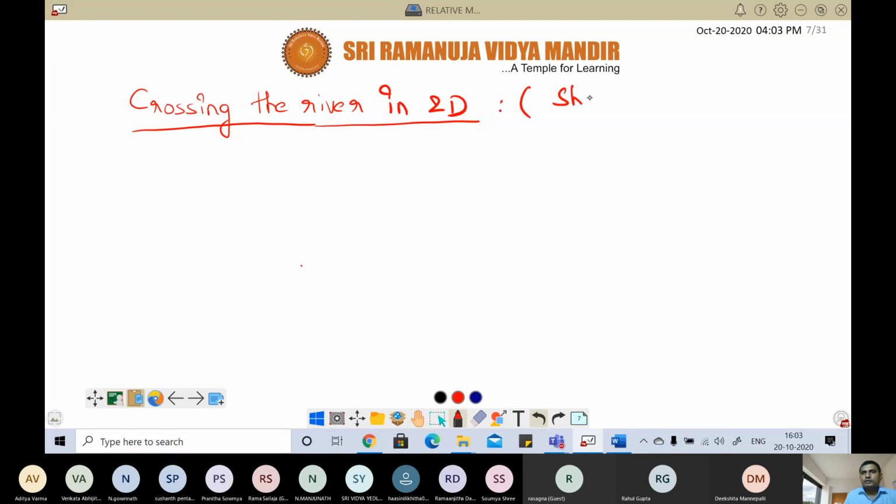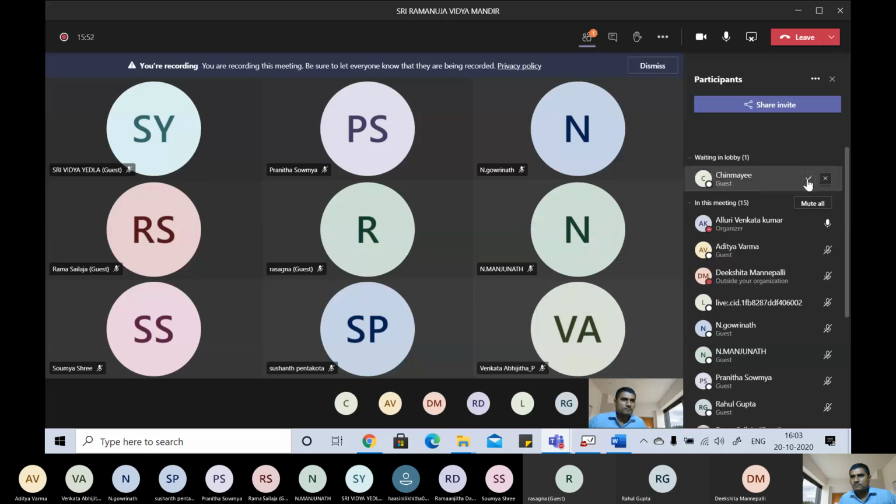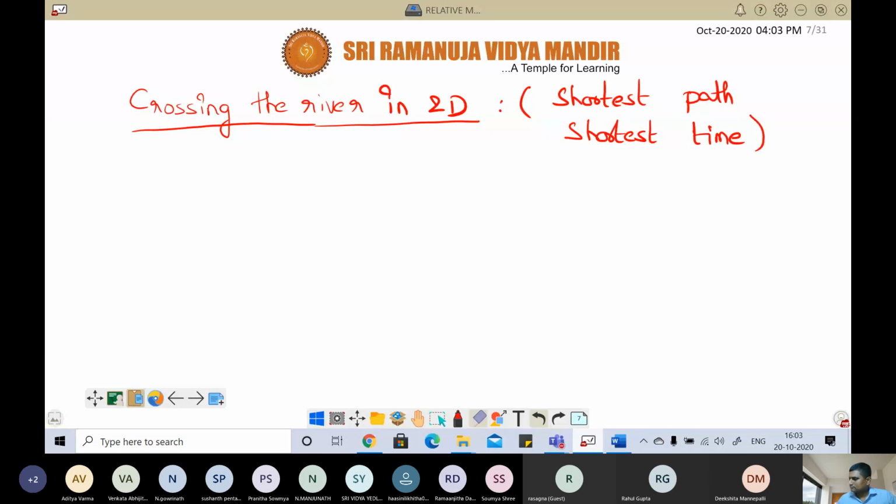In 2 cases, we are going to see shortest path and also shortest time. Shortest path and shortest time, these 2 cases we are going to see. So let's begin.